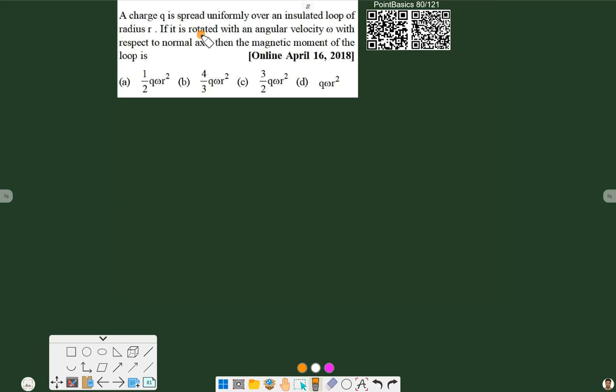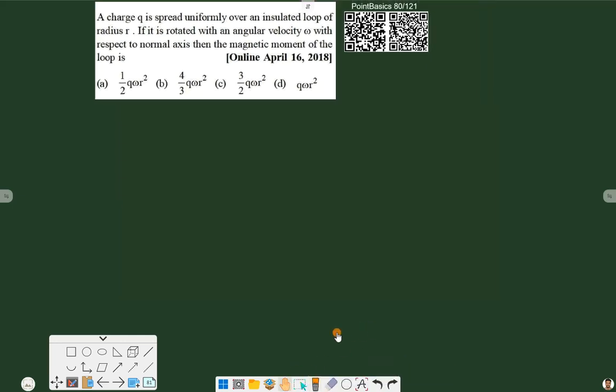So we have to find the magnetic moment, and we know that magnetic moment is current times the area, and if that coil has n number of turns, then it is n times current times the area. So now let's slide it here.